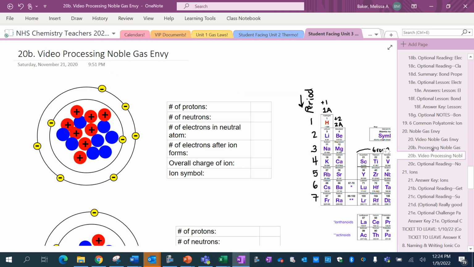So let's do the practice ones. Here we've got 1, 2, 3, 4, 5, 6, 7, 8 positives, 8 blue circles, and 8 electrons since it's neutral. And it's got 1, 2, 3, 4, 5, 6. It needs 2 more to have the great 8.